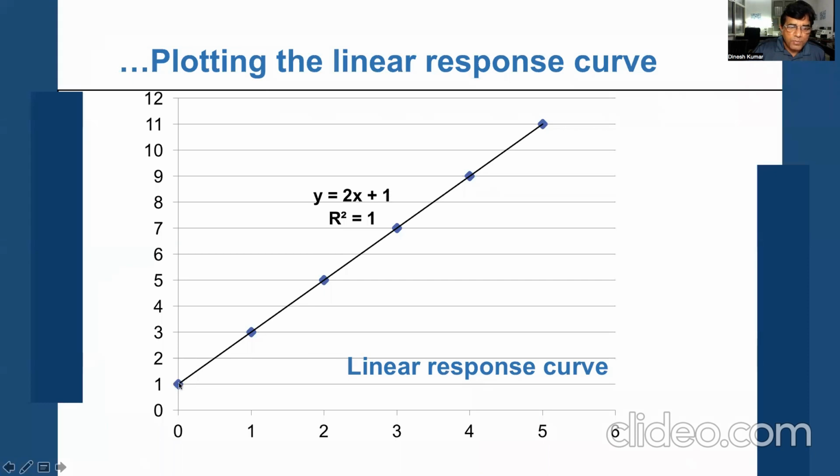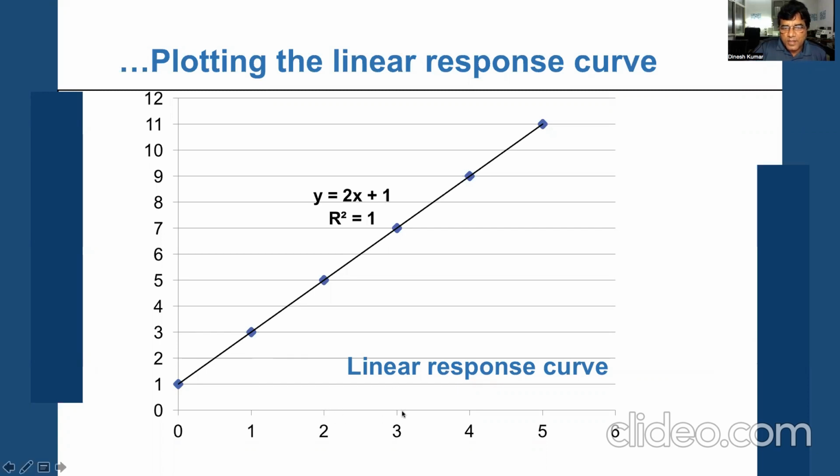When you move from 0 to 1, you are moving from 1 to 3, meaning a difference of 2. Here the difference is 2, and here it is 1. So 2 by 1, it will be 2. The value of B, or regression coefficient, will be 2. You can calculate anywhere.